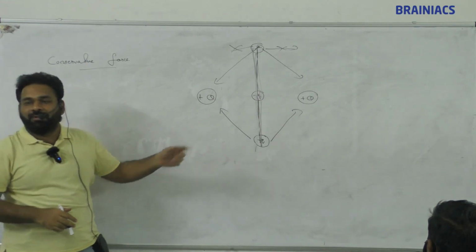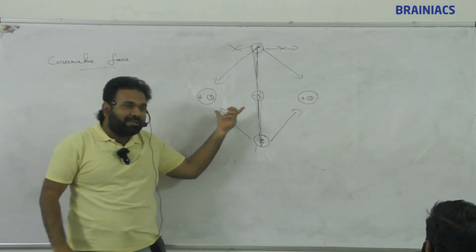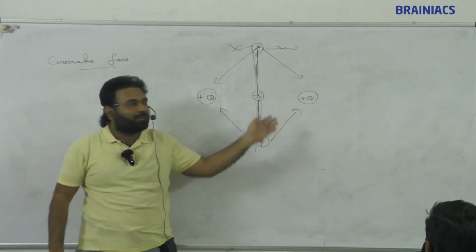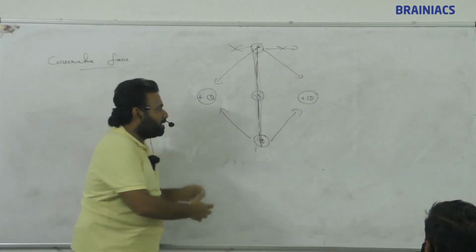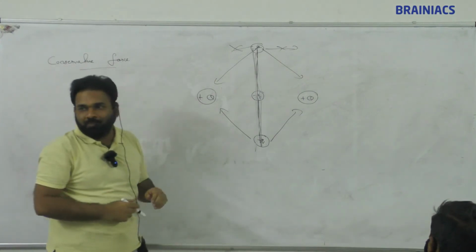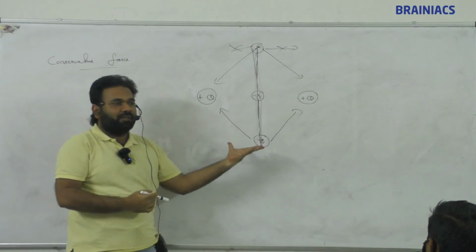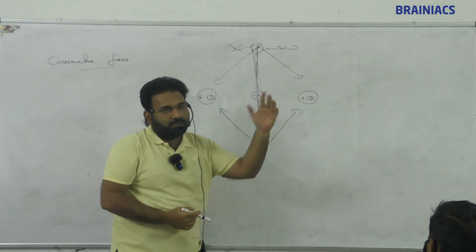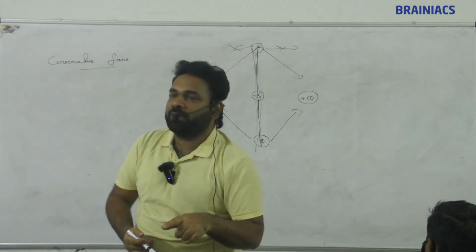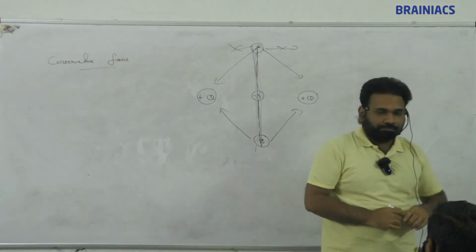The plus q charges will wait till the world ends for this minus q charge, but they won't get it. So I am pulling this, and when I leave it, it goes back. The potential energy, on leaving, becomes kinetic energy. So electrostatic force is a conservative force.